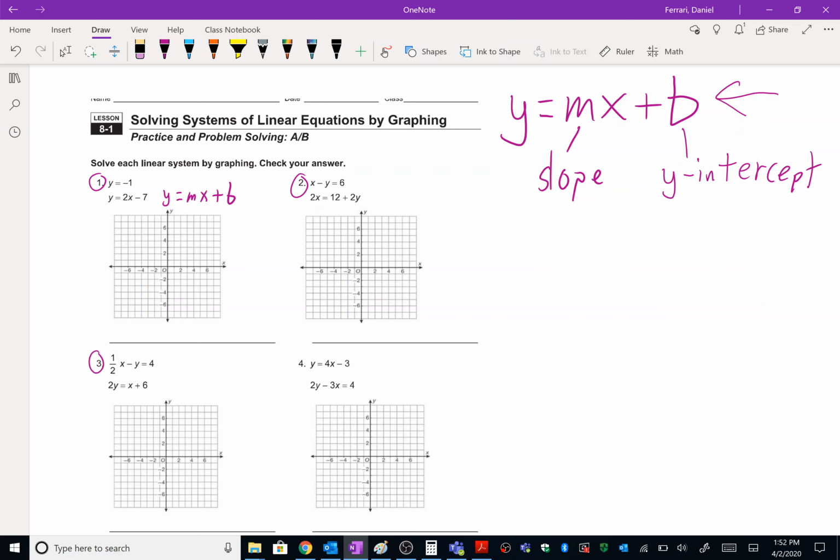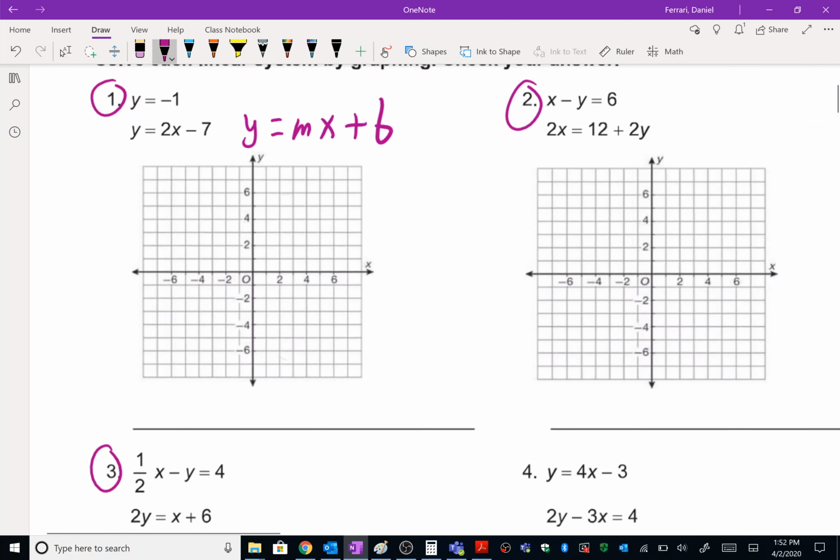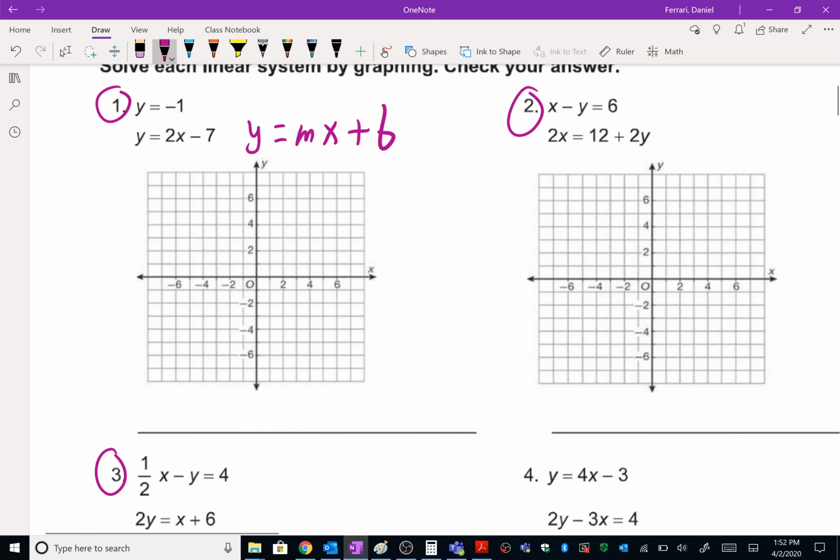The first thing we're going to do is plot the y-intercept. So I'm going to find the y-axis, and then find -7 on the y-axis. I'm going to zoom in a little bit to make it easier to see. So I plot my first point on the y-axis at -7. I'm counting by ones in this case and go down to 7. So I plotted my first point. You always will start with the y-intercept.